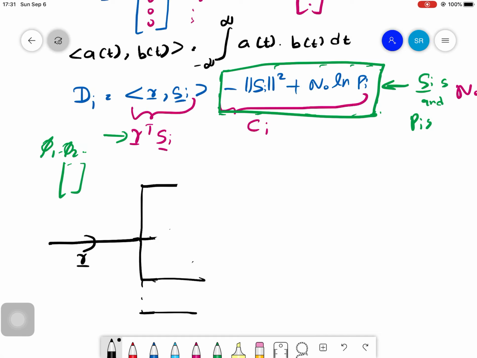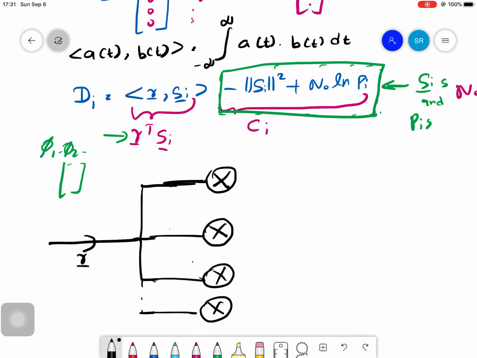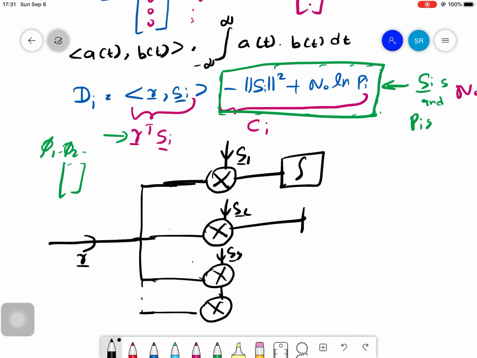I have M signal paths. Before going to the integrators, I should put a multiplication on each of the M paths. Each time I multiply by s1, s2, s3, which I already know, and pass through an integrator.